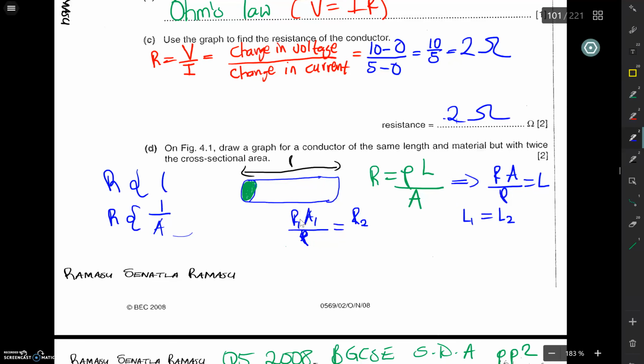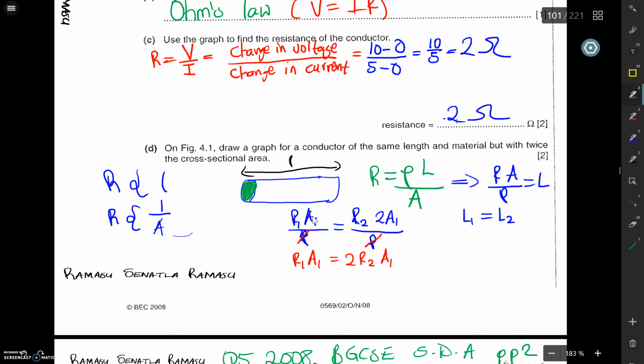Now this rho and this rho are the same, so they cancel out, and we end up with R1 A1 is equal to 2 times R2 A1.